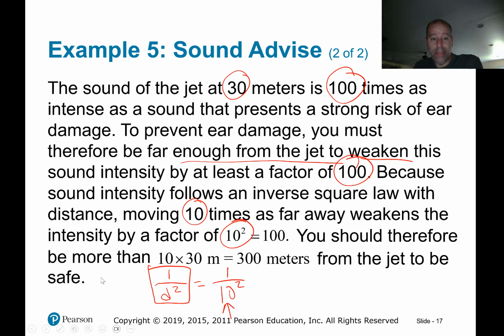Okay, so if we're at 30 meters from the jet, and that's at 140, that would mean we need to go to 300 meters in order to get the sound down to a safe level, or just at the threshold, which is 120 decibels. So that's why it says more than. We want to be more than 300 meters away. And that would be a safe distance.